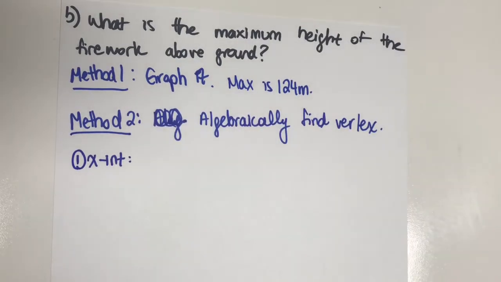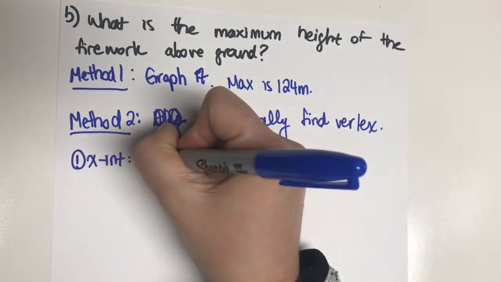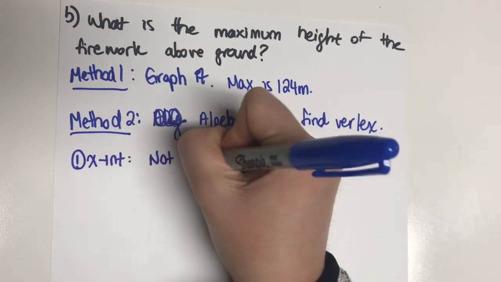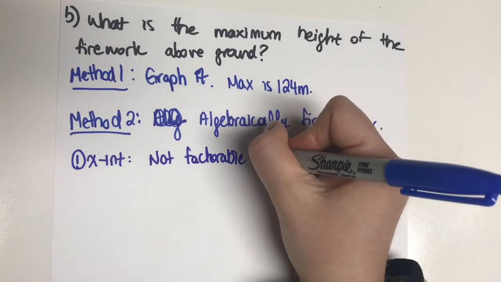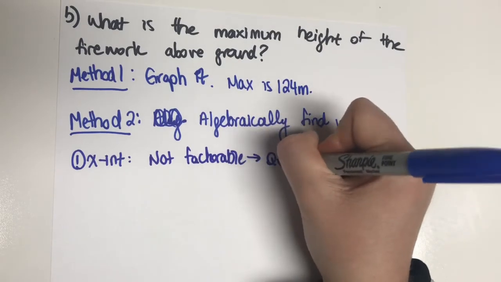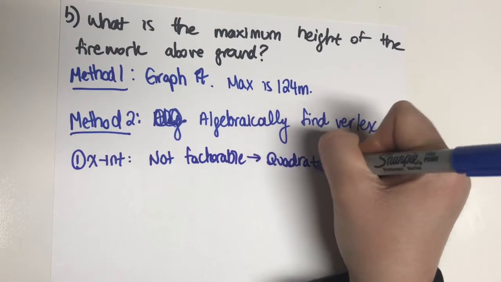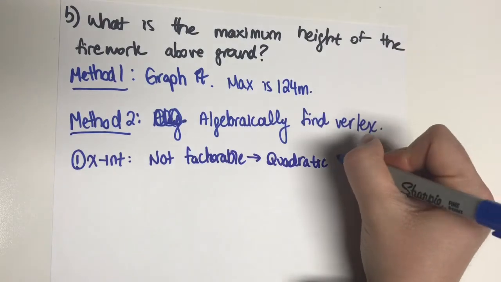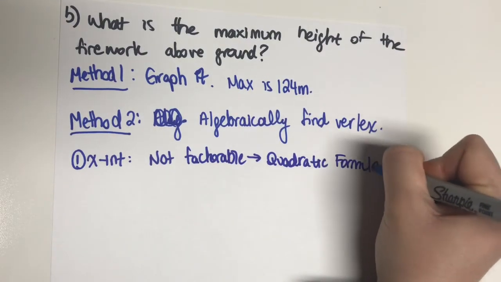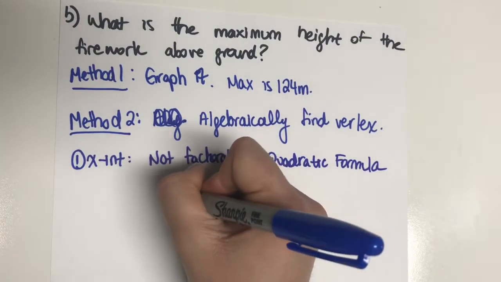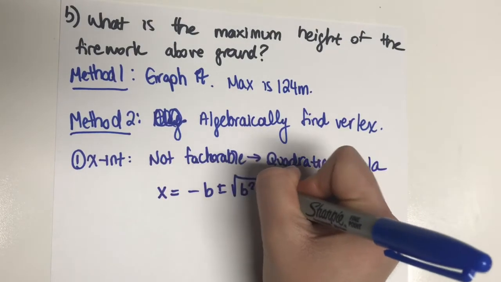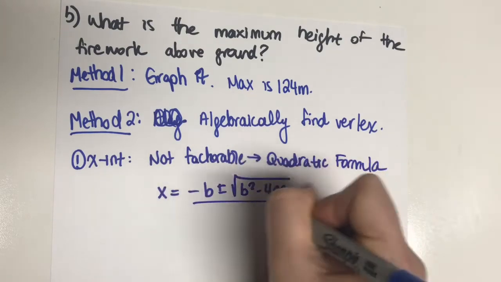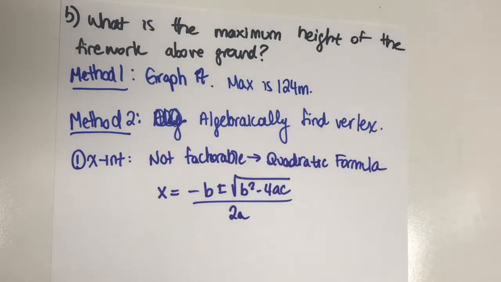You will notice that this equation is not factorable, so I'm actually going to have to use the quadratic formula. And it's negative b plus or minus the square root of b squared minus 4ac over 2a.